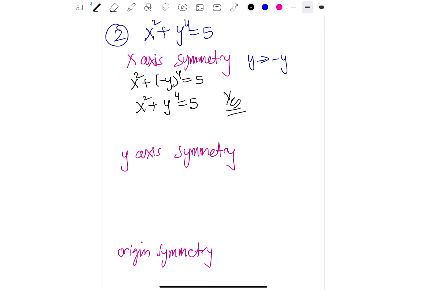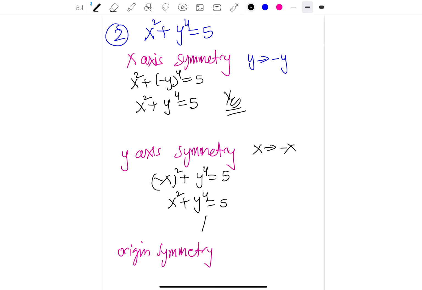That means we do have x-axis symmetry here for this graph. For y-axis symmetry, we will replace x by negative x, and that would also give me the same equation because when a negative gets squared, it does not change anything. So that would mean yes, we do have x-axis symmetry here, y-axis symmetry here.